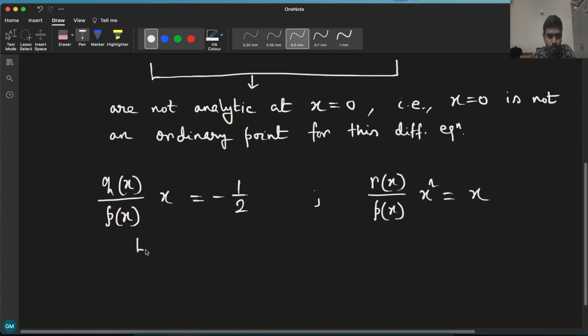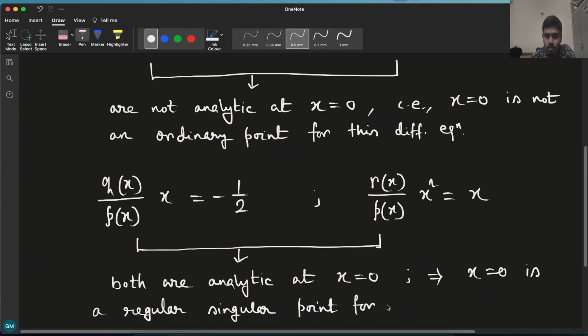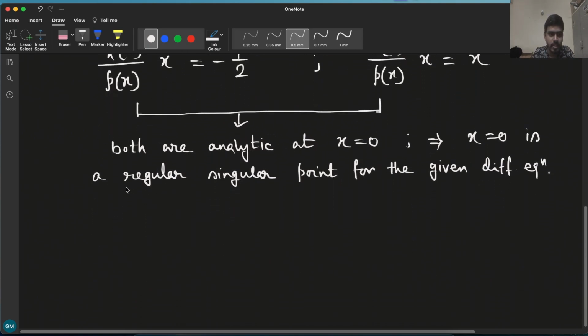So both are analytic at x equals 0, which implies that x equals 0 is a regular singular point for the given differential equation.